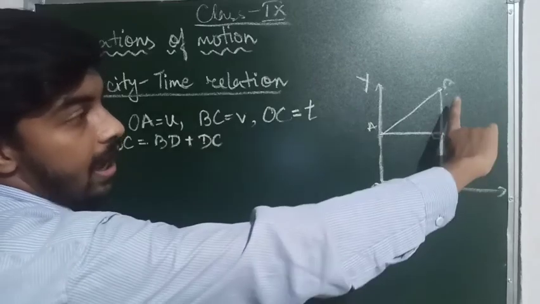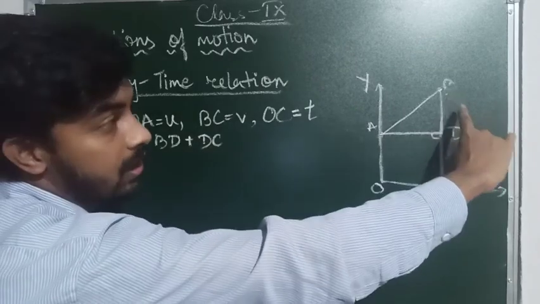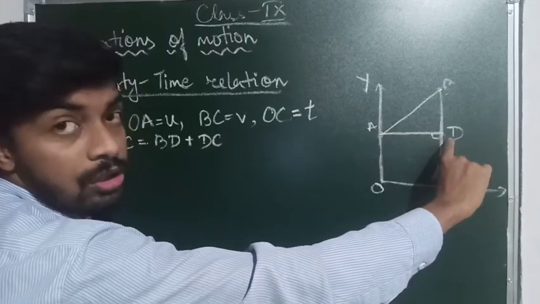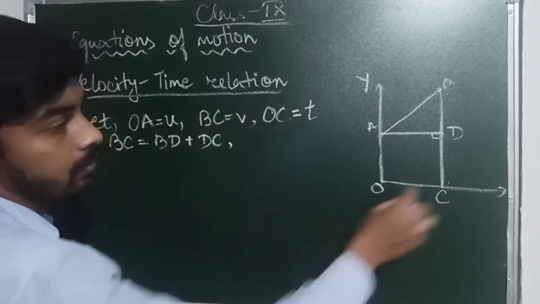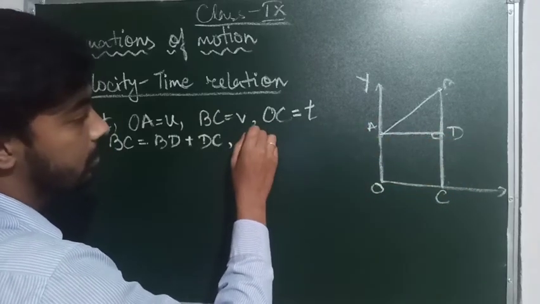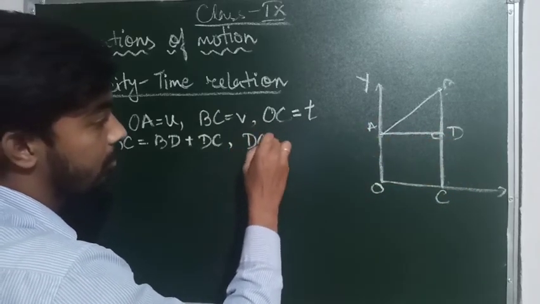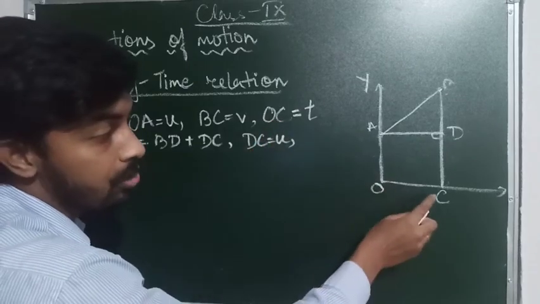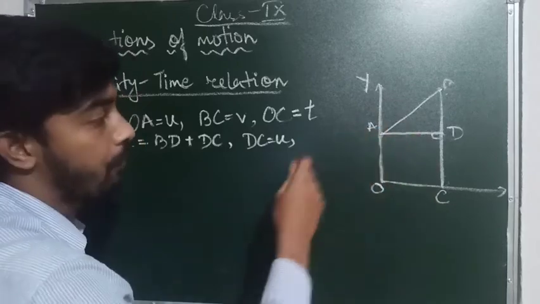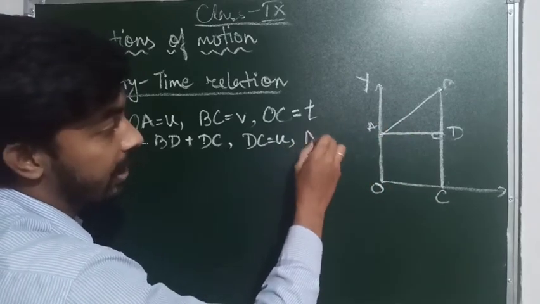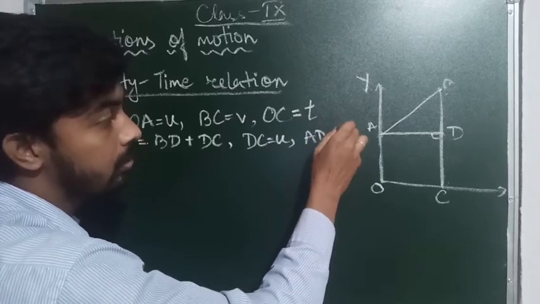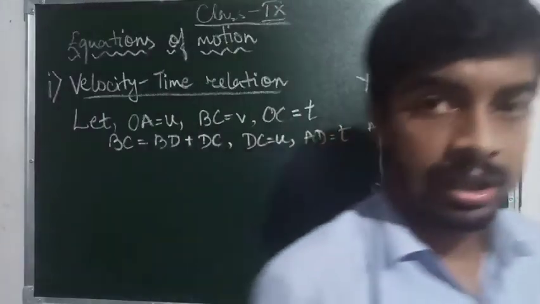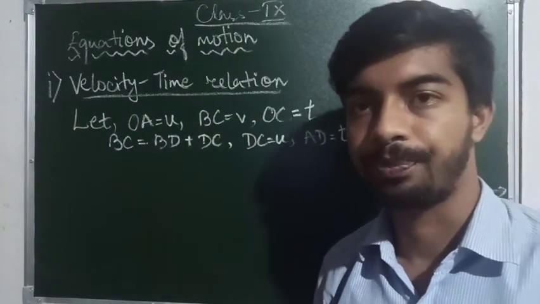That means the total from B to C was V, and if this much is U, this much will also be U. So DC equals U, opposite sides of a rectangle. Also OC will be equal to AD, opposite sides of the rectangle are equal. So AD is equal to T. This much we have to first assume.